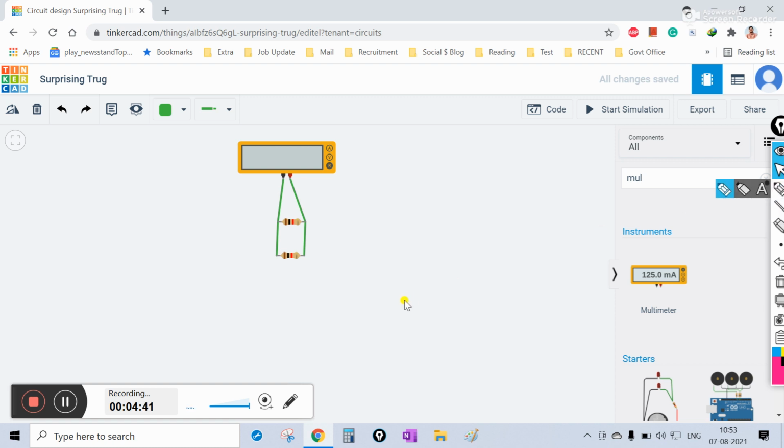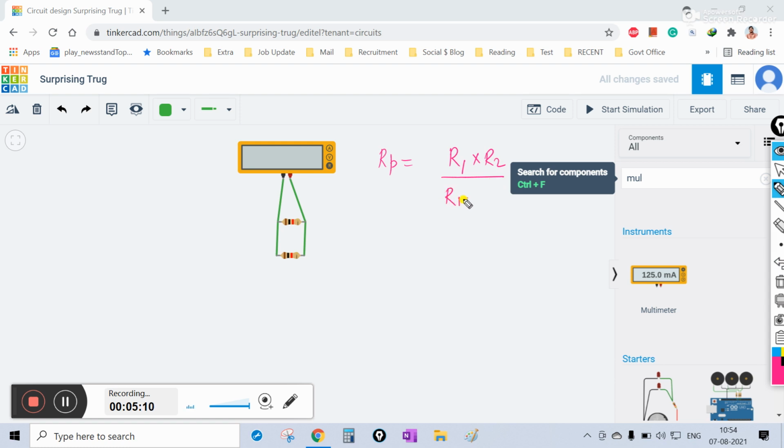Now theoretically, what should be the value? What did we learn? In parallel, R parallel is the product of the resistances divided by R1 plus R2, the sum of the resistances.